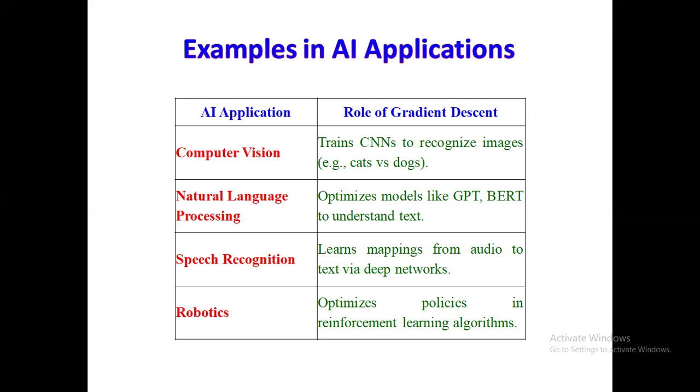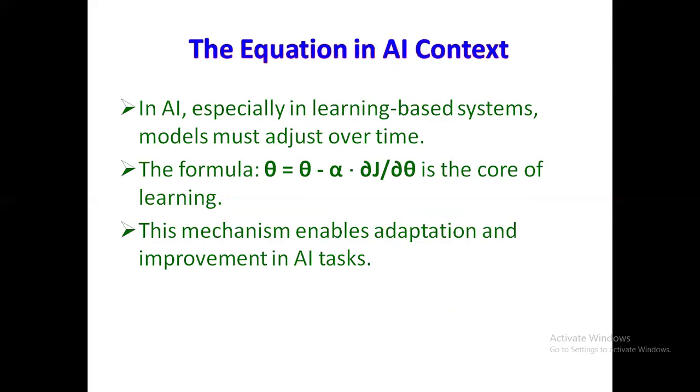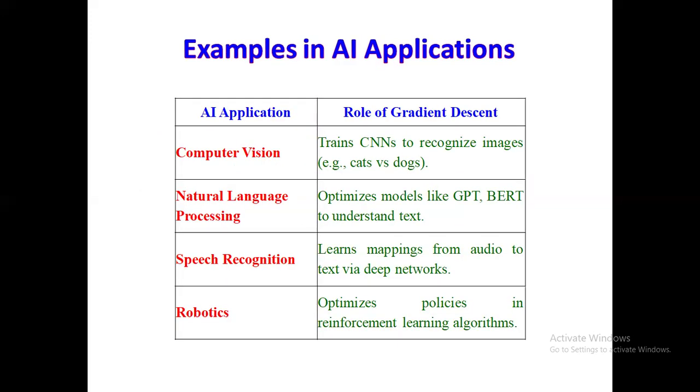In all these applications, gradient descent is the algorithm that allows a system to learn parameters from the data, adjust itself, and perform tasks that would otherwise require human intelligence. In computer vision, gradient descent trains a CNN to recognize images, say, cats versus dogs, as I've said.